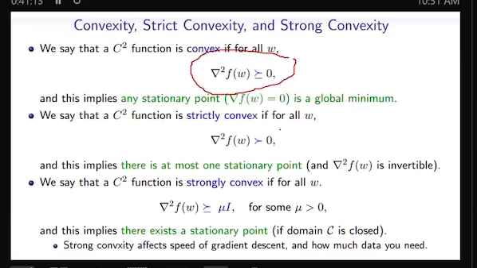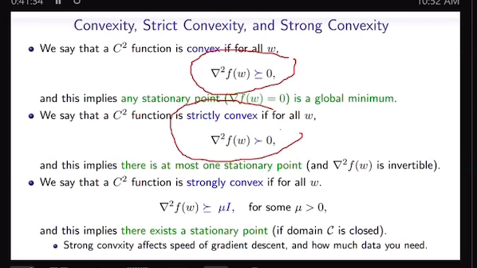But it's going to be strictly convex when it is greater than 0. What do I mean by strictly convex? I'm going to use an example. If f of w equals w, that will give a straight line.